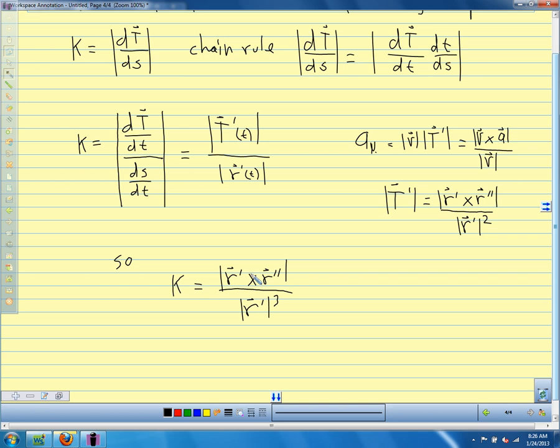So this gives us a way to quantify the curvature of a curve. The radius of curvature, r equals 1 over k. A large curvature means a small radius. A small curvature would mean a large radius.